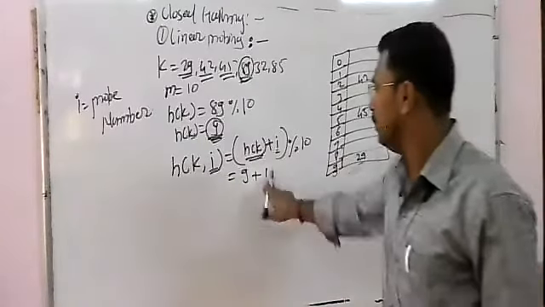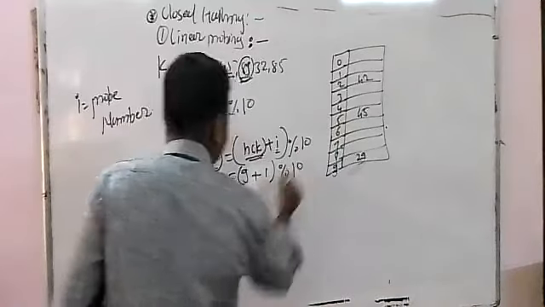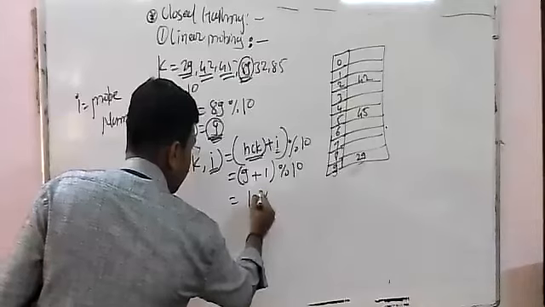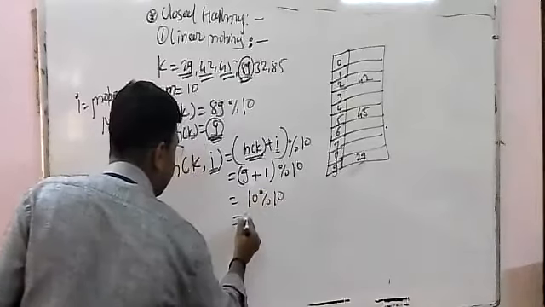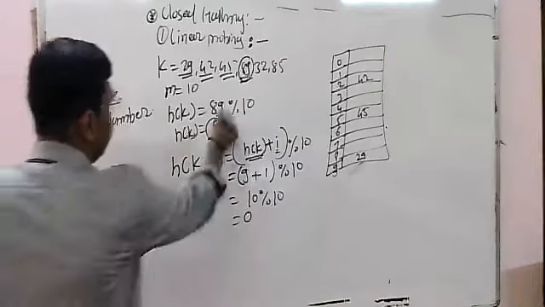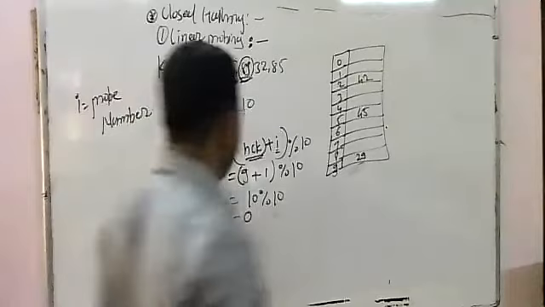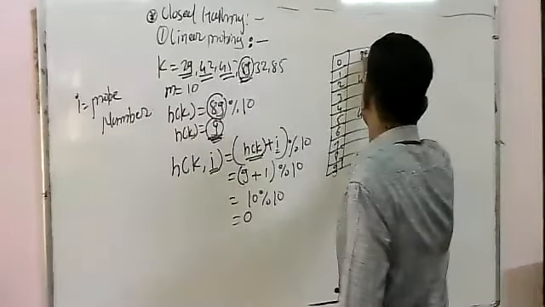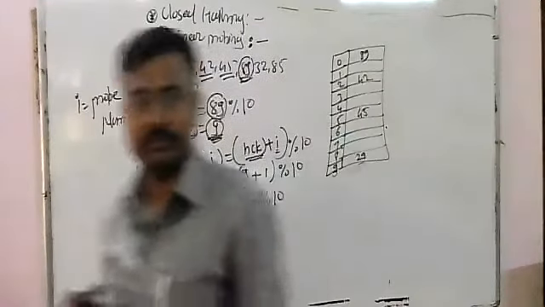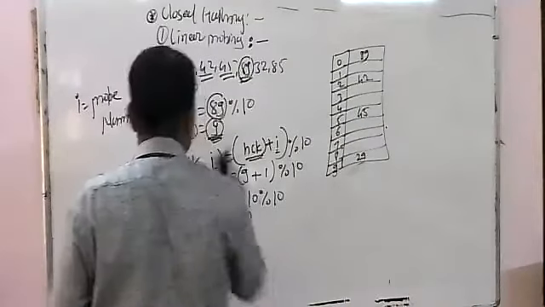So i value is 1. 9 plus 1 mod 10, 10 mod 10, what will be the value? 0. This 89 will now be stored at index 0. Okay, now second number. Let's check another number.